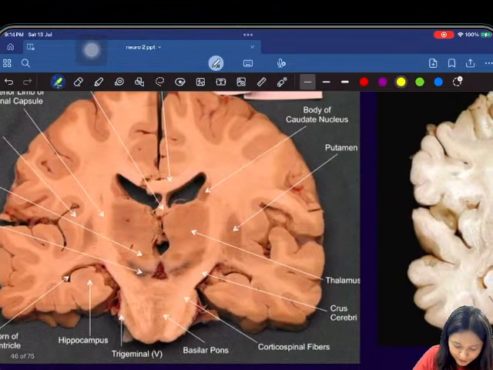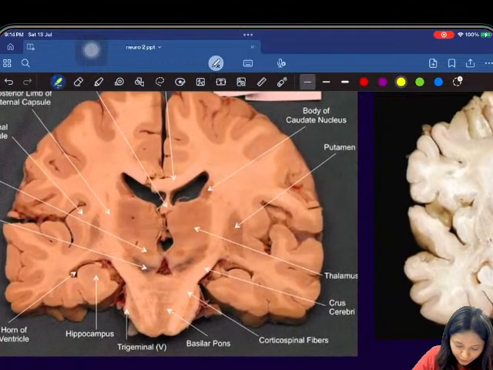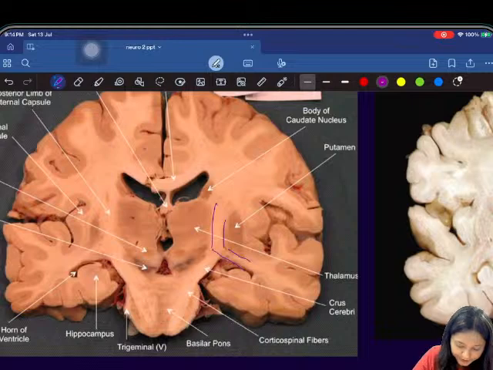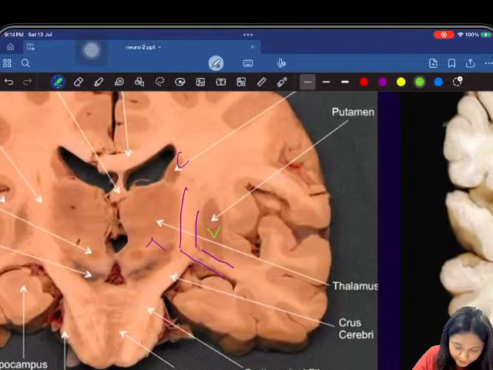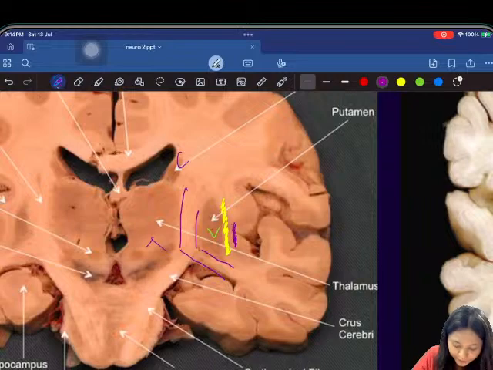So you can see here again. So this is the white matter, okay, internal capsule. This is thalamus, this is caudate, okay, this is lentiform. Outside it this area, this white matter which I have shaded with yellow, this is your external capsule, and outside it the gray area is your claustrum.